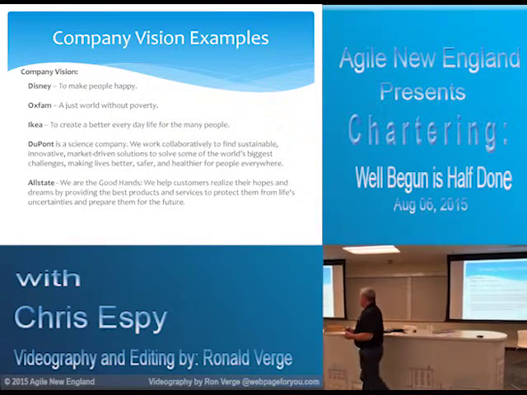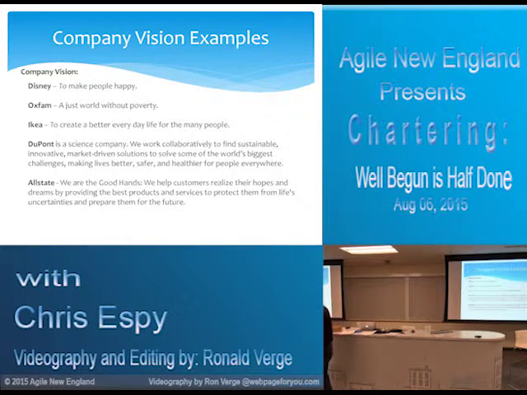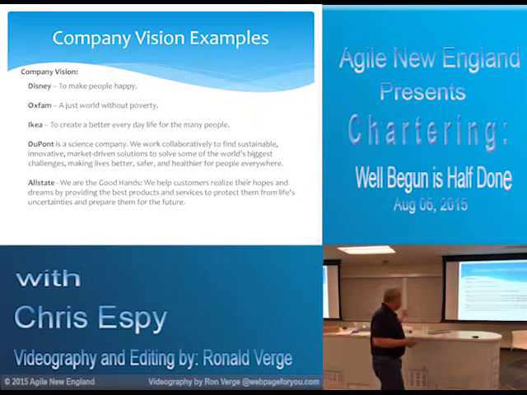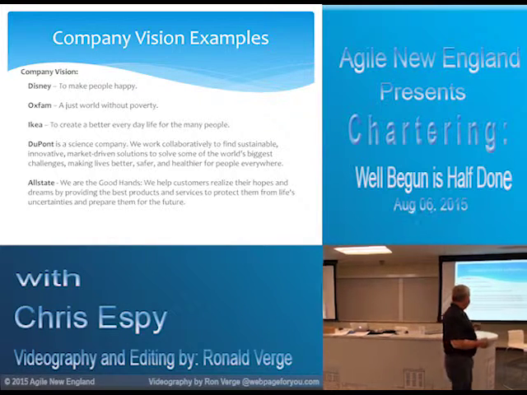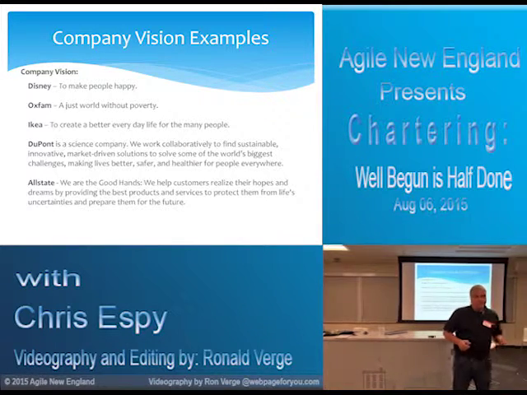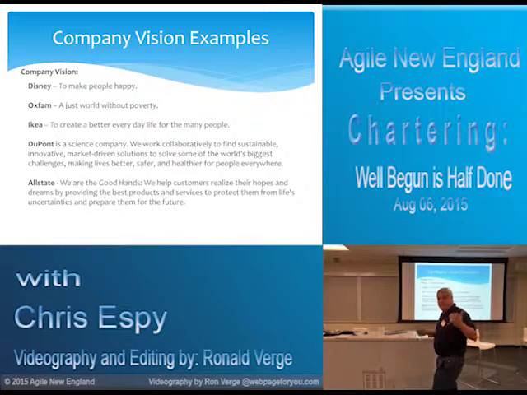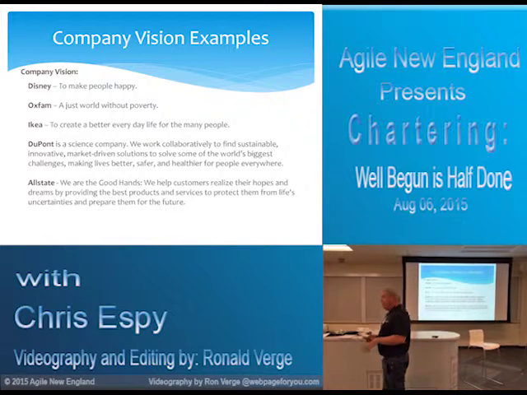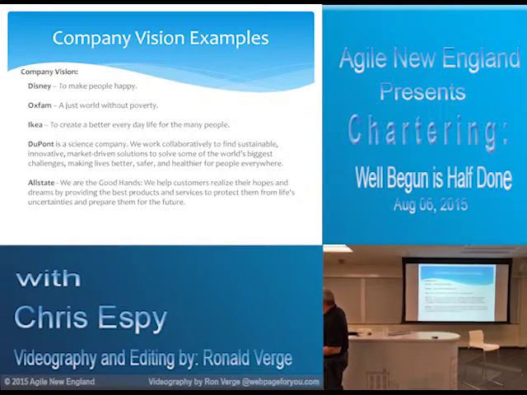So these are some examples of company visions. You've probably seen a lot of company visions. Some of them, my favorite, are really short, like Disney: to make people happy. IKEA: create a better everyday life for the many people. Some of them are longer.